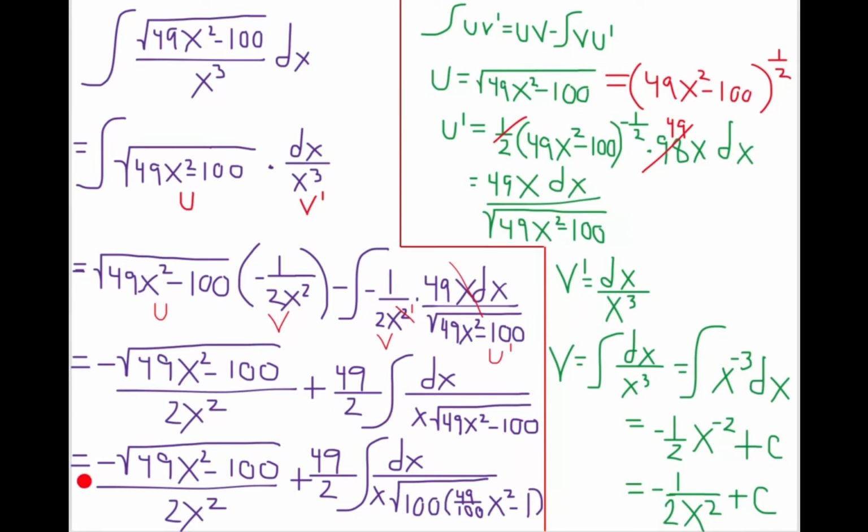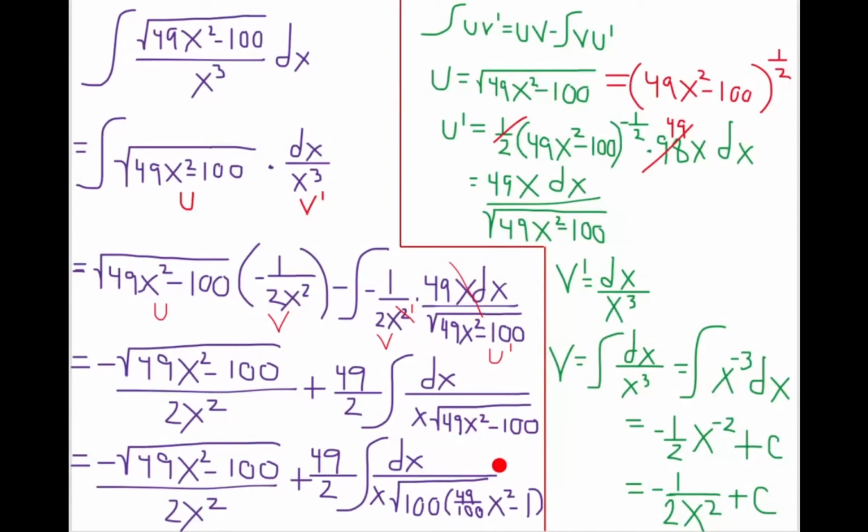And then next step, nothing changes on this first little part, and then you have your 49 over 2. What I'm going to do now is get to where I have adding or subtracting 1, right? Whenever we're doing any of these problems where we're going to do a substitution, you want to factor out the number if it's not a 1.